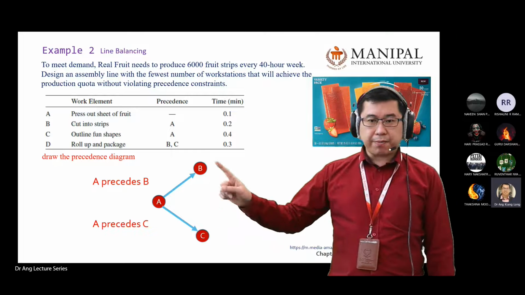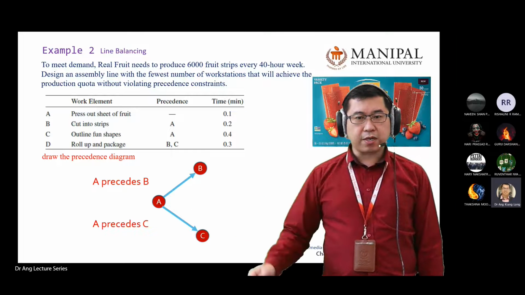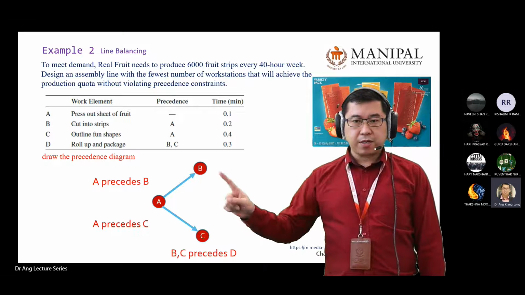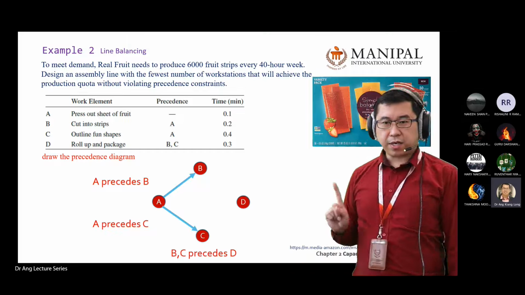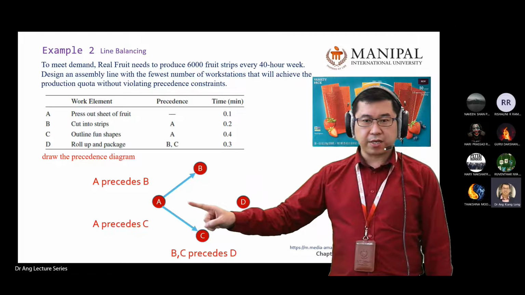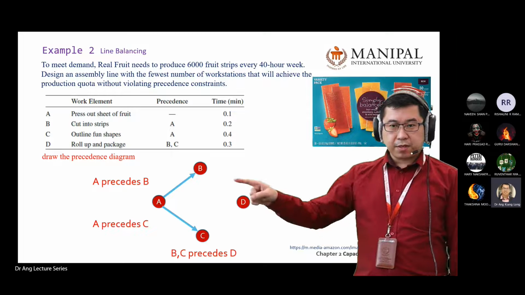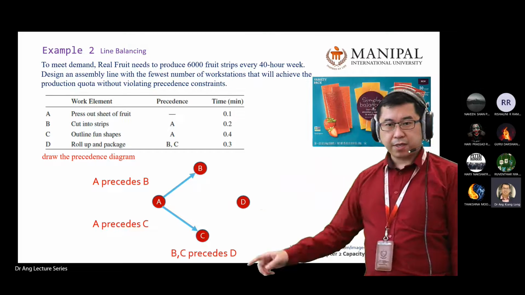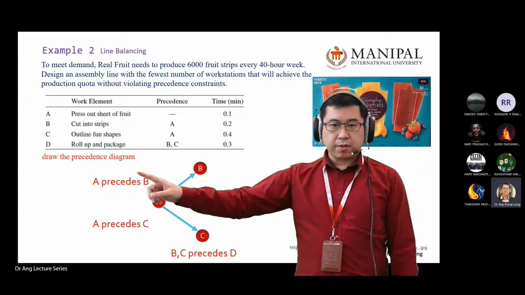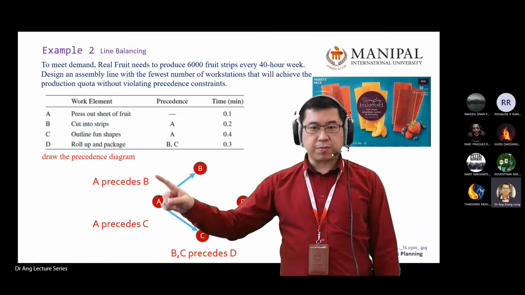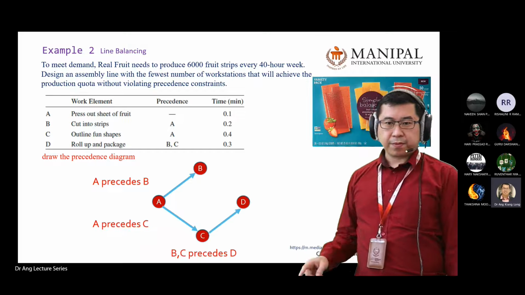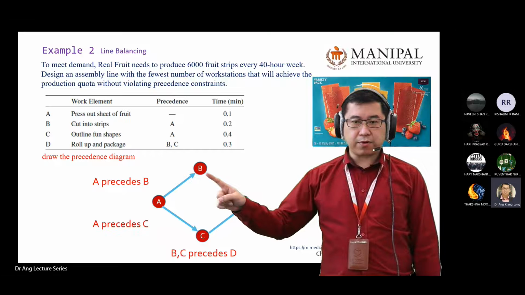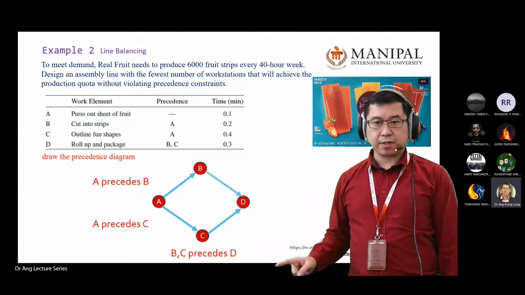The shape can be changed, but again, no crossing of arrows in your diagram. So you can put D over here, or here, or even here. A position behind A is not possible. So you follow this diagram. D needs B and C, so draw arrows from B and C.